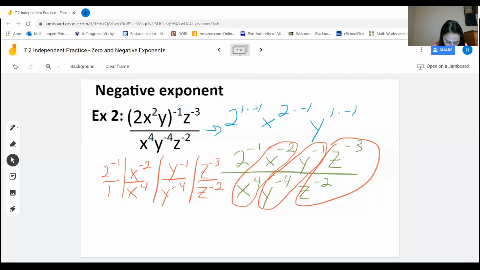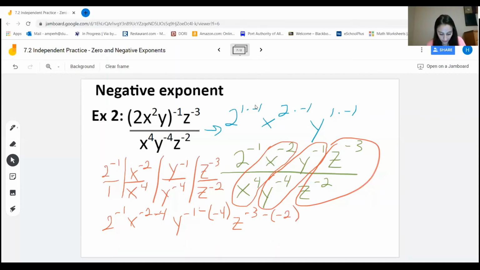So we end up with 2 to the negative 1, x to the negative 2 minus 4, y to the negative 1 minus negative 4, and then z to the negative 3 minus a negative 2.